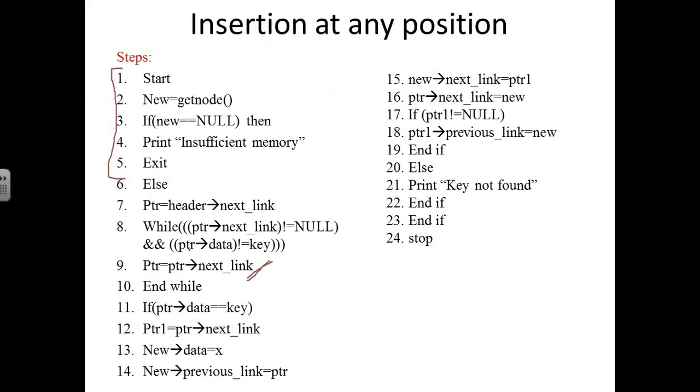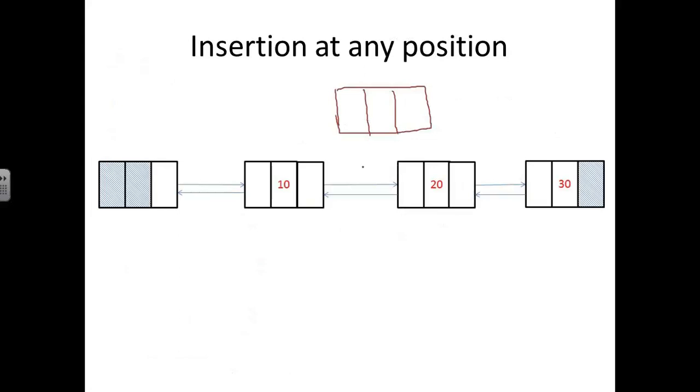Either pointer's data we can check or the position of that particular element we can identify. So it will go up to the key found iteration. Then once the key is found, pointer 1 will become pointer's next link. So the pointer's next link is this one. This is the PTR1.